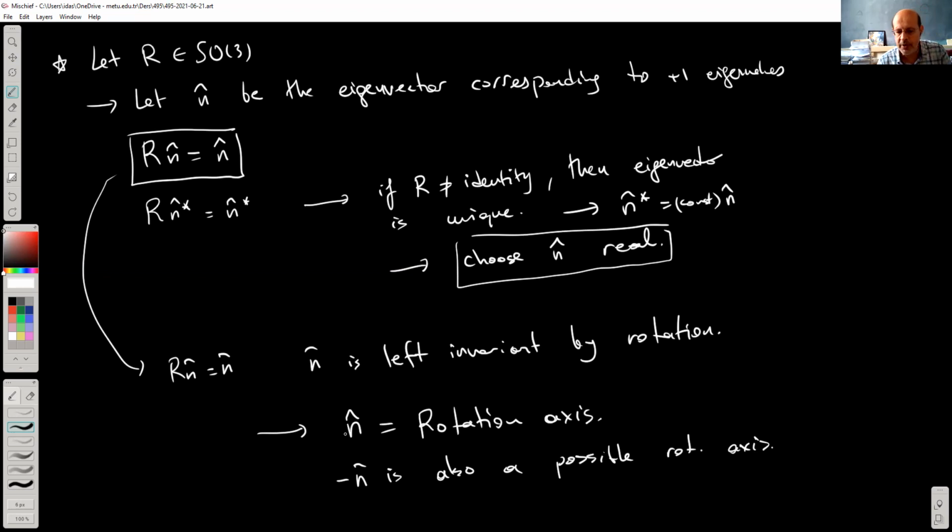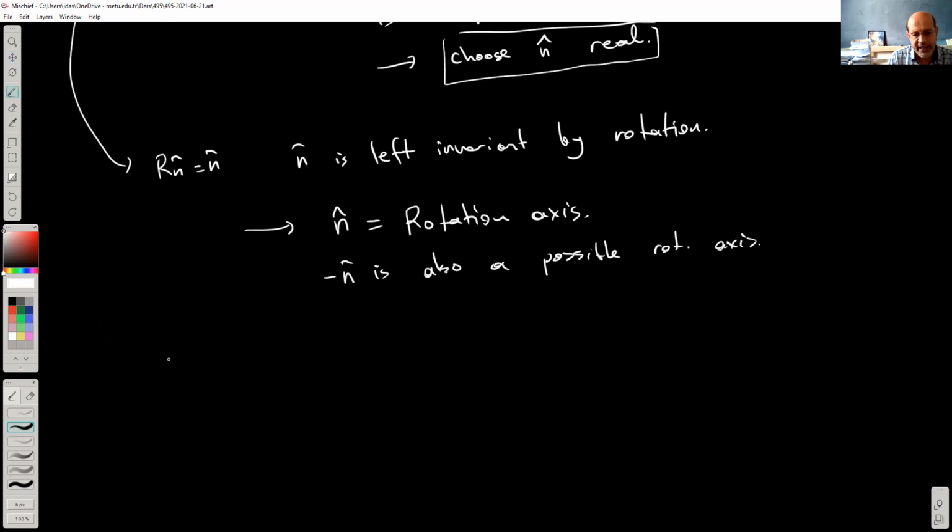I'm just going to normalize it, but still there's some freedom in the choice of the vector that represents the rotation axis. In reality, it's not a vector, it's an axis, a line. But of course, we use this thing. In any case, that's the rotation axis.